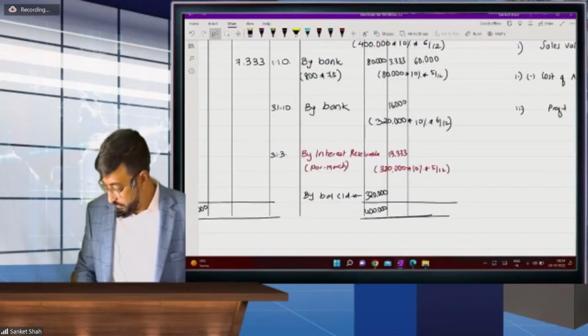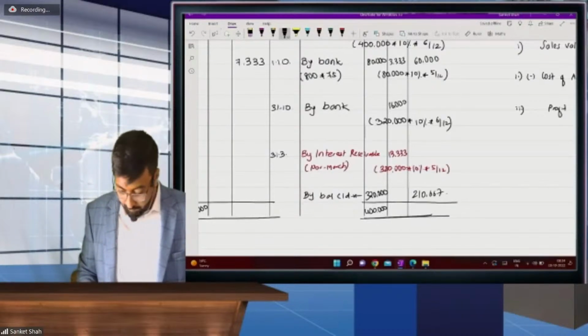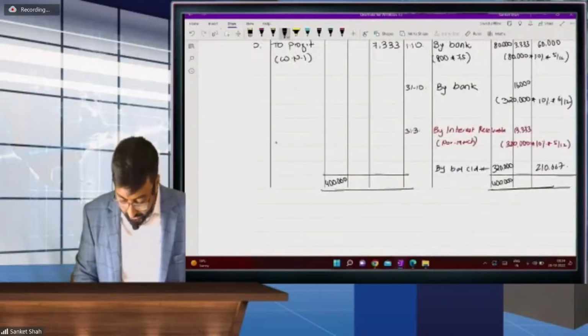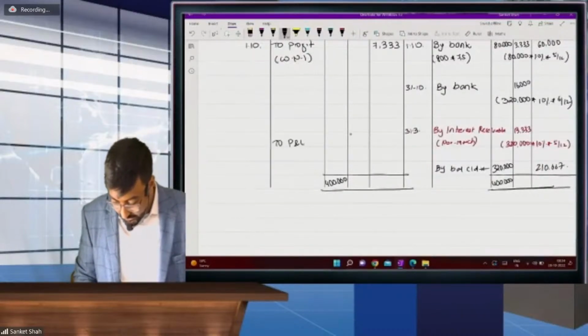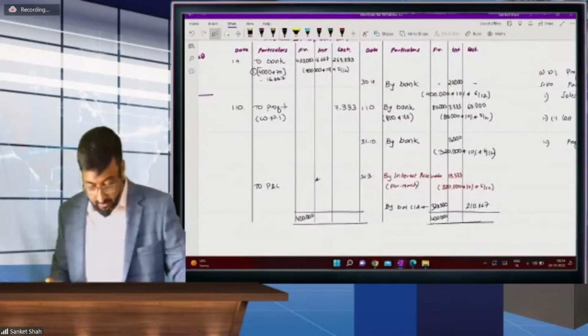10,667 and amount to be transferred to P&L. Now tell me the amount. P&L में कितना आएगा?